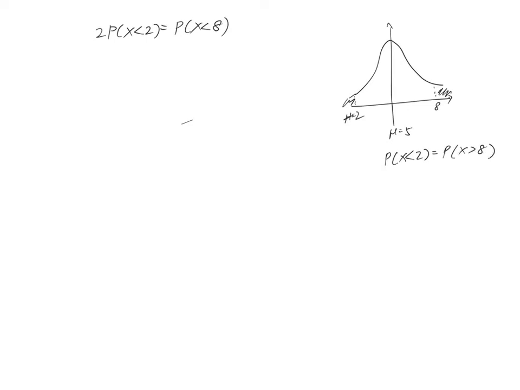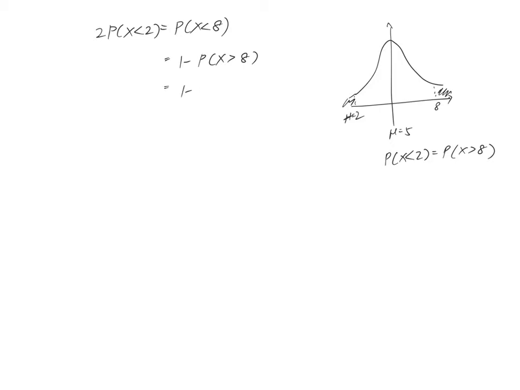So over here, we can use this symmetry to rewrite the probability of X less than 8 as 1 minus the probability of X more than 8.